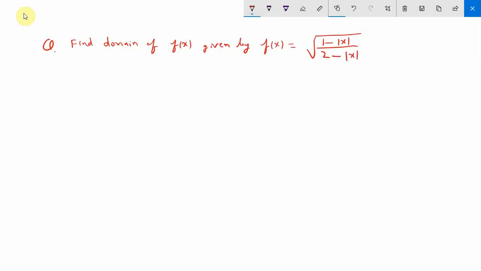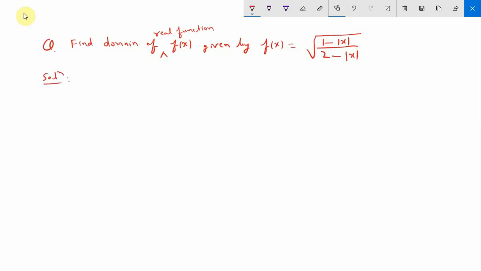So first we have to find the domain of the real function f(x). How to find the domain?